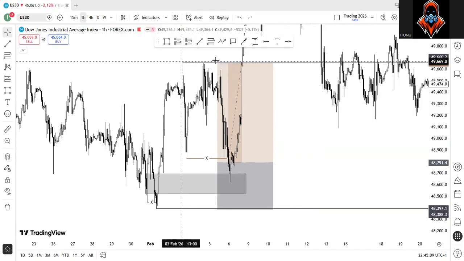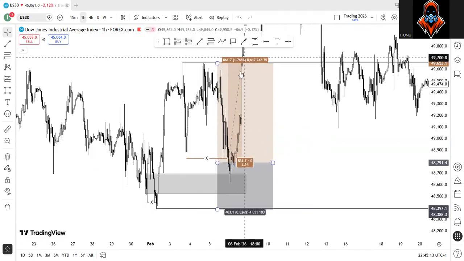It formed a double top. So this double top got taken out at the end of the day.